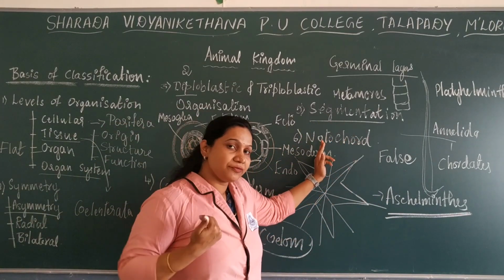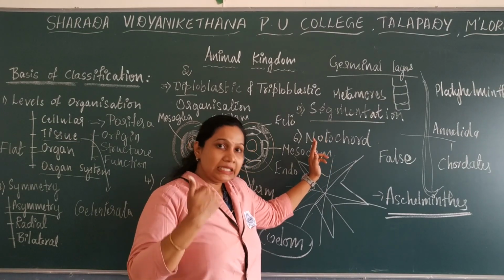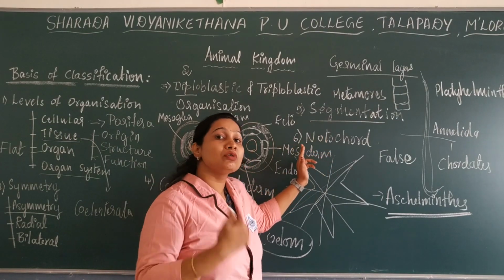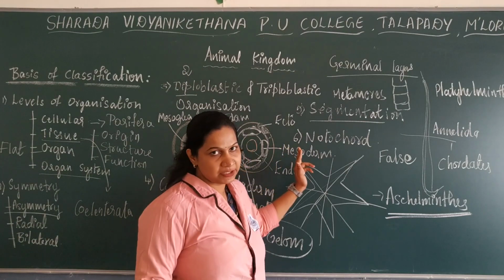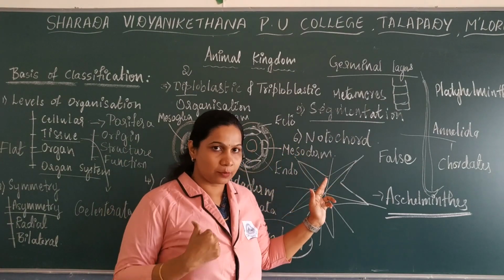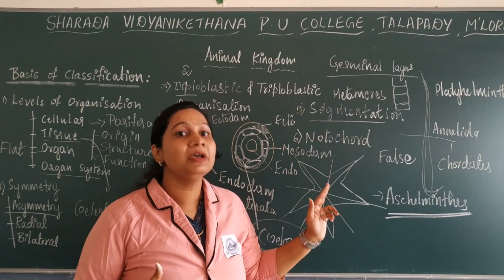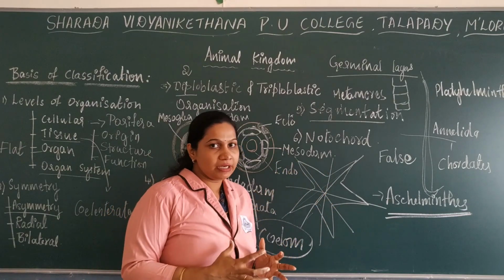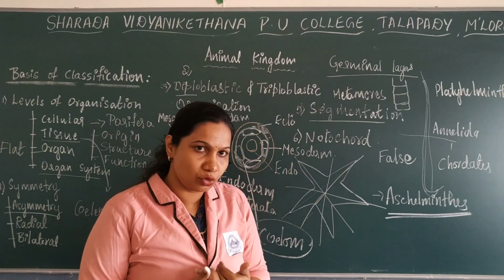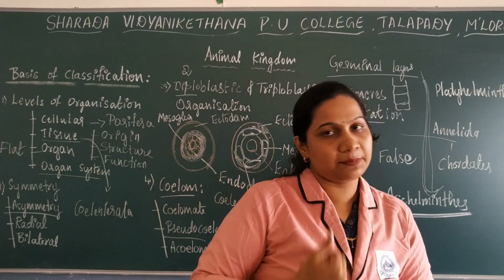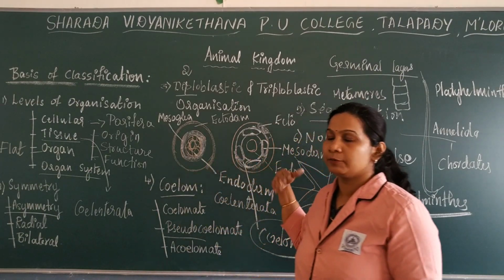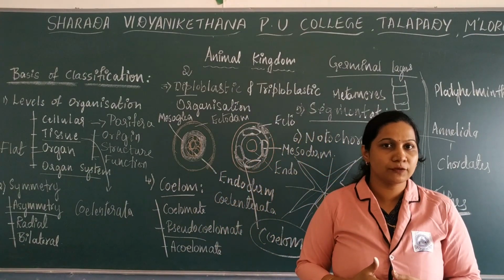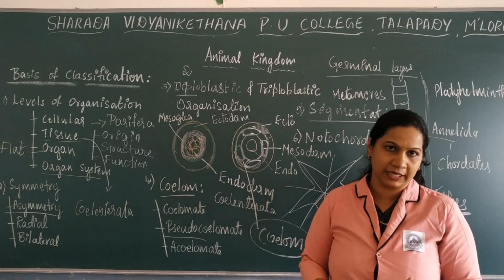In the case of we human beings, notochord is replaced by the vertebral column. What we have as backbone is a vertebral column, whereas in the embryonic stage we have notochord. Later on that is replaced by the vertebral column. That is the case in human beings as well as the vertebrates.